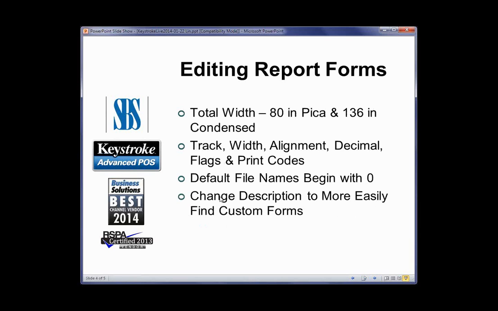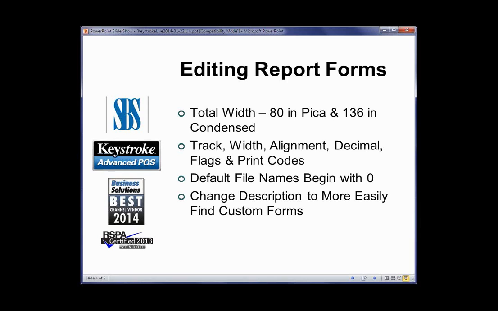Some things to think about in the report. It is based on a fixed width font. The total width on reports when printing in regular portrait mode is 80 characters in pica, or the standard print, and 136 characters if you use condensed print.